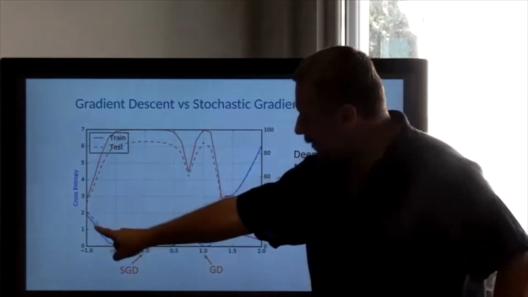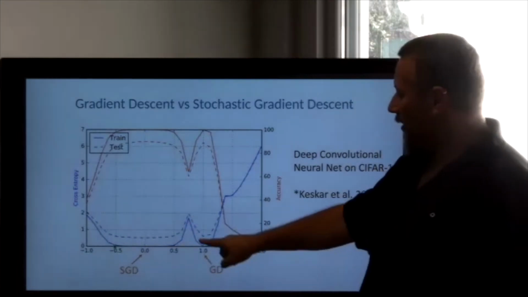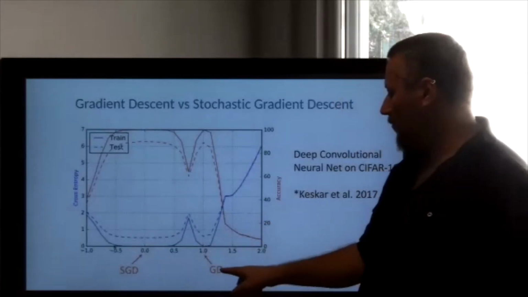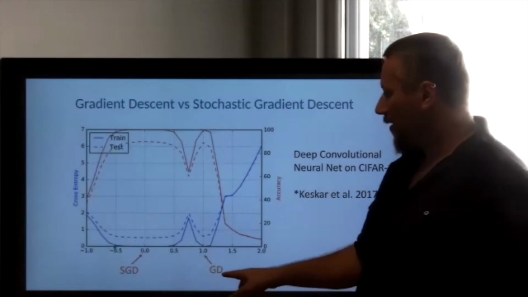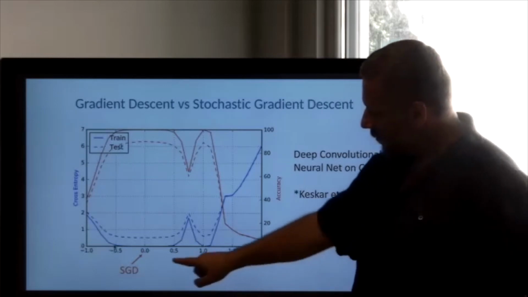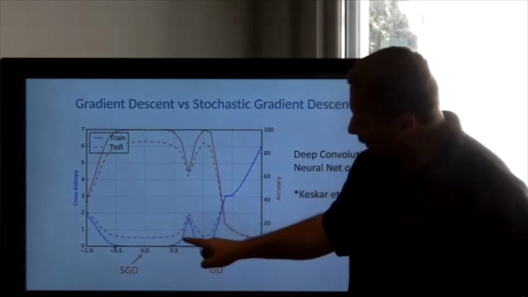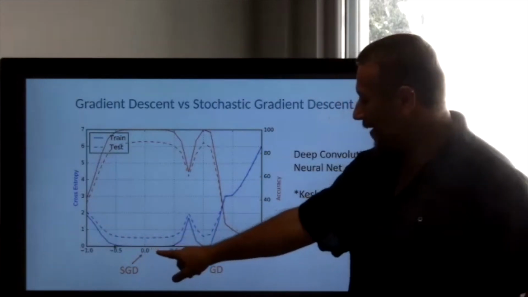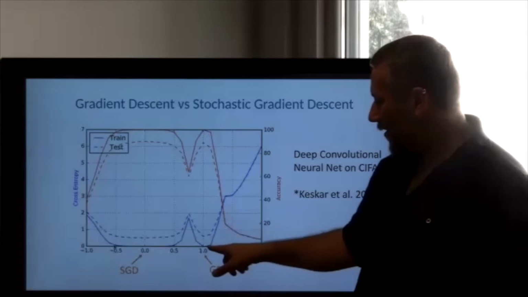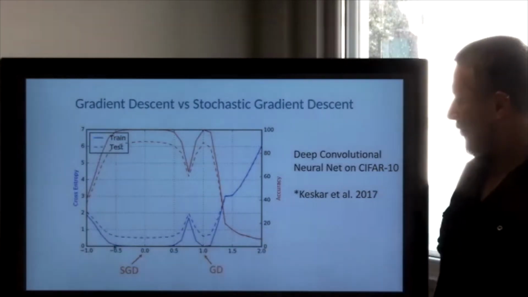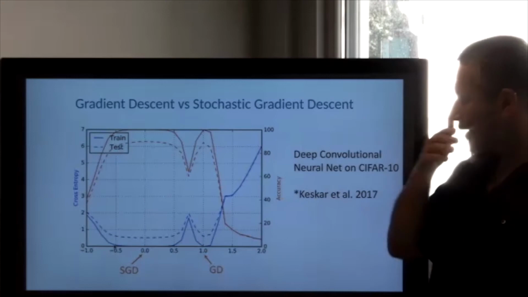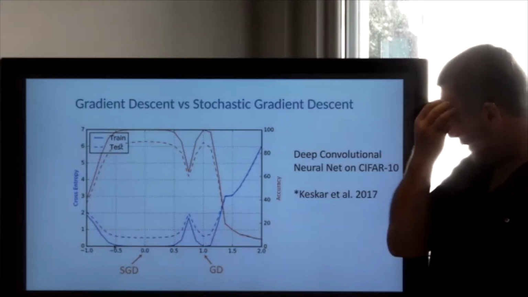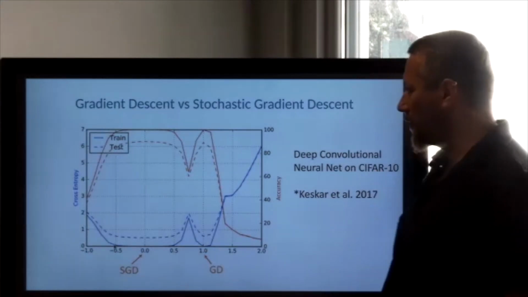So this is the shape of the training function between the minimum given by stochastic gradient descent and the minimum given by gradient descent. And as you can see, stochastic gradient descent tends to find a flat minimum, and gradient descent tends to find a sharp minimum. They made a lot of experiments on this, and they came up with this conclusion.